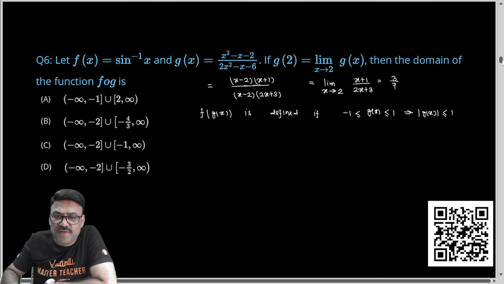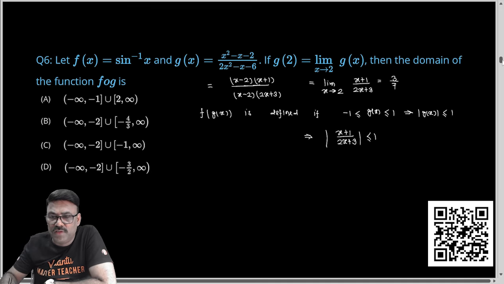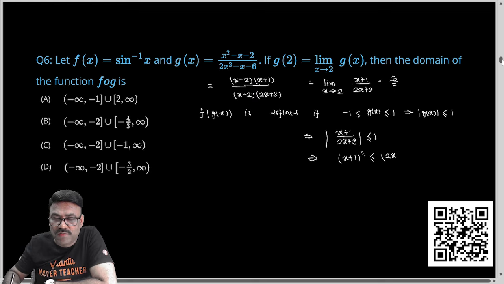And mod g(x) is basically (x plus 1) over (2x plus 3). X minus 2 can be cancelled from the numerator and denominator, because at x equal to 2, the function is defined separately as 3 by 7. Now I can cross multiply and square both sides. So (x plus 1) whole square is less than or equal to (2x plus 3) whole square.